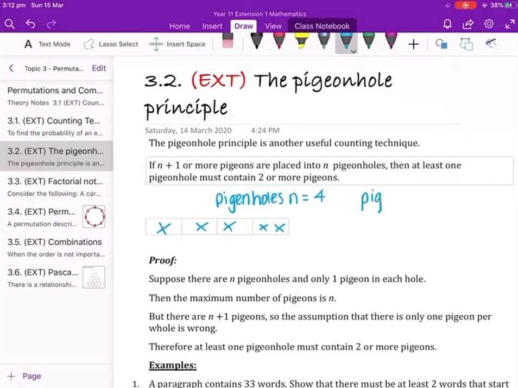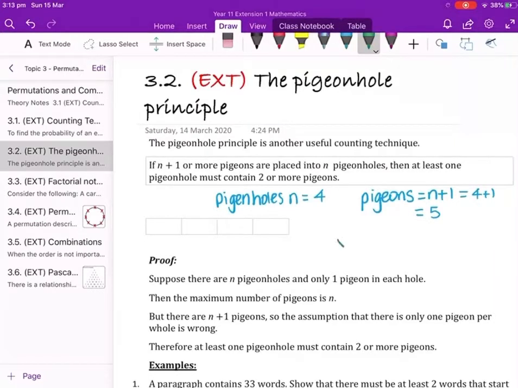So for our pigeons, we have n plus 1. So it will equal 4 plus 1, which equals 5 pigeons. So, if 5 or more pigeons are placed into 4 pigeonholes, then at least one pigeonhole must contain 2 or more pigeons. Let's have a look at this by placing our pigeons into different holes.